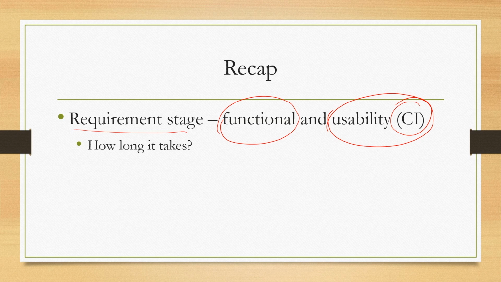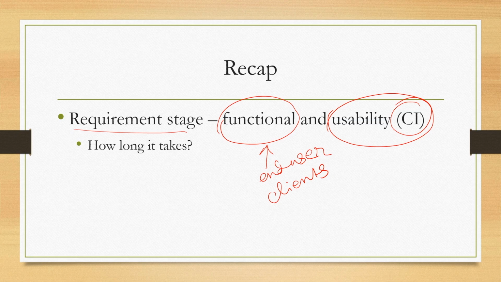Now, here two things are there. One is collection of requirement from end users and also clients. Now, sometimes they are same, sometimes they are different, most of the times they are different.